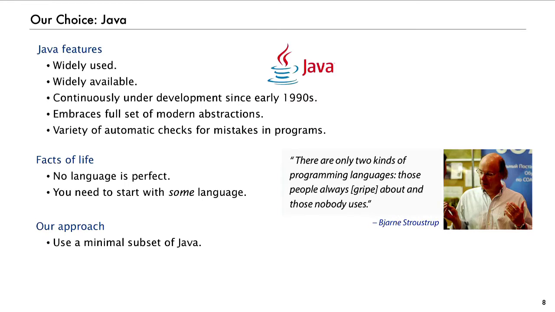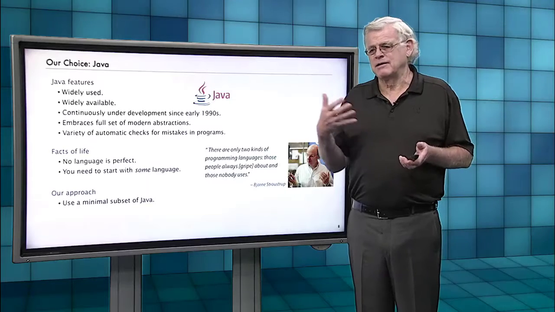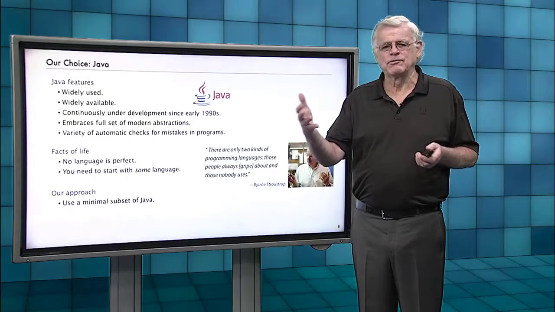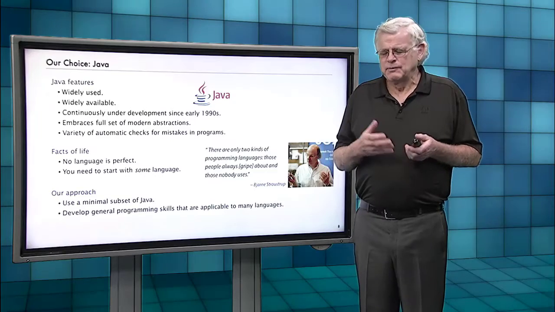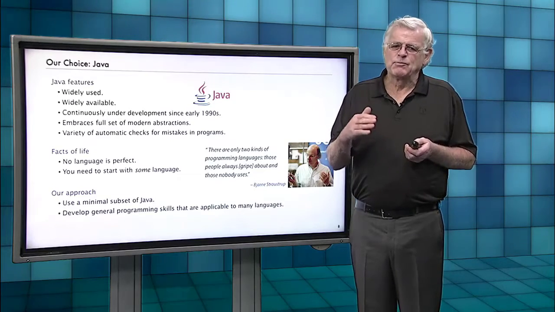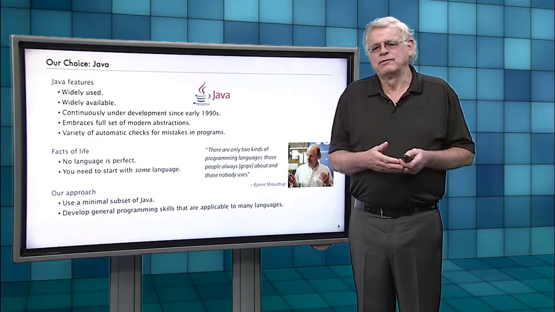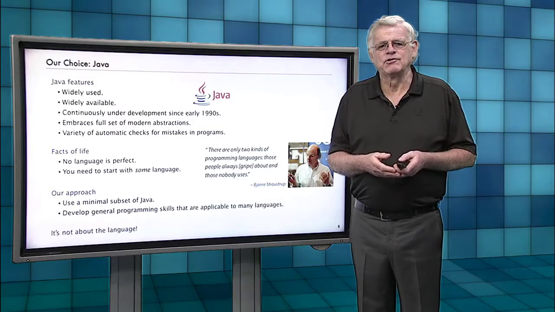Now, our approach is to use a minimal subset of Java, where many of the constructs that we use are found in other languages. And if you do move or use another language in the future, you'll find that a lot of our code is still useful. Really what we're trying to do is develop general programming skills that are applicable to many different languages.